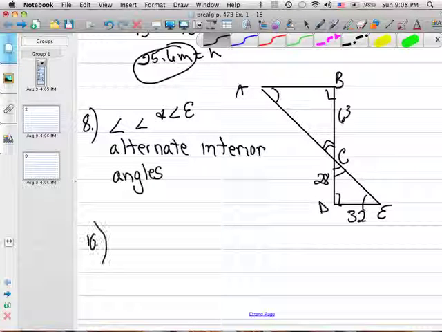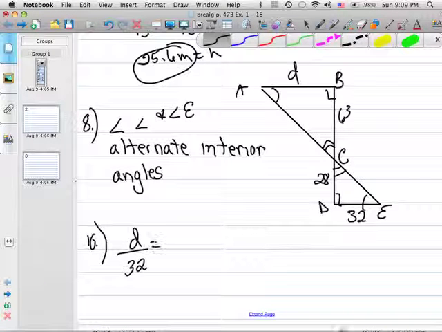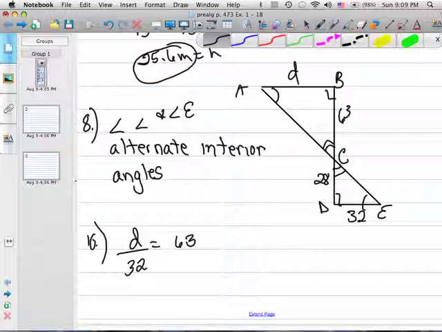Number 10, write a proportion involving corresponding sides of the triangle. Define the length across the lake, D. So D is to 32 as 63 is to... BC is to CE, which doesn't help us too much.